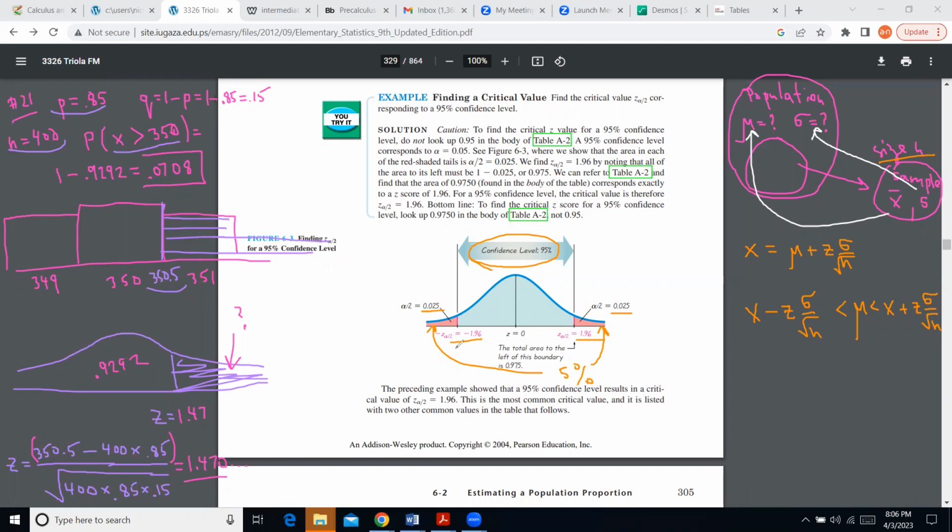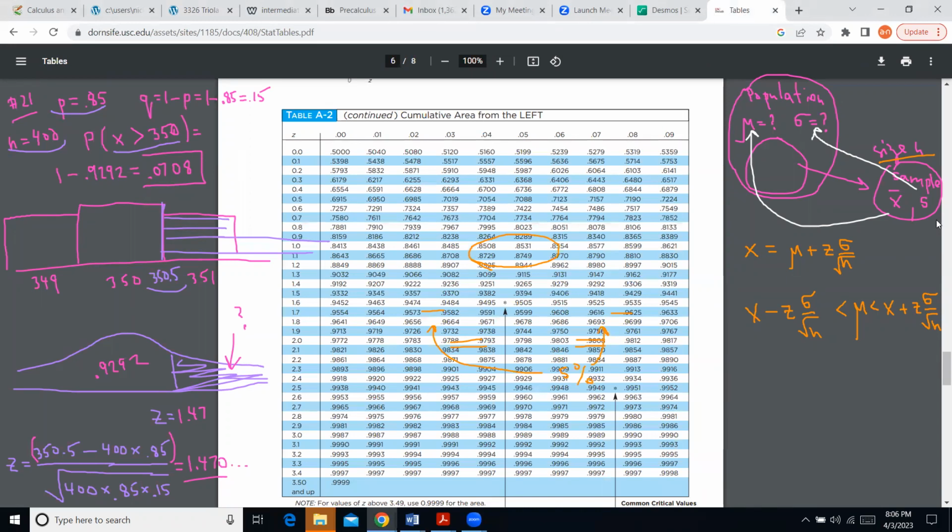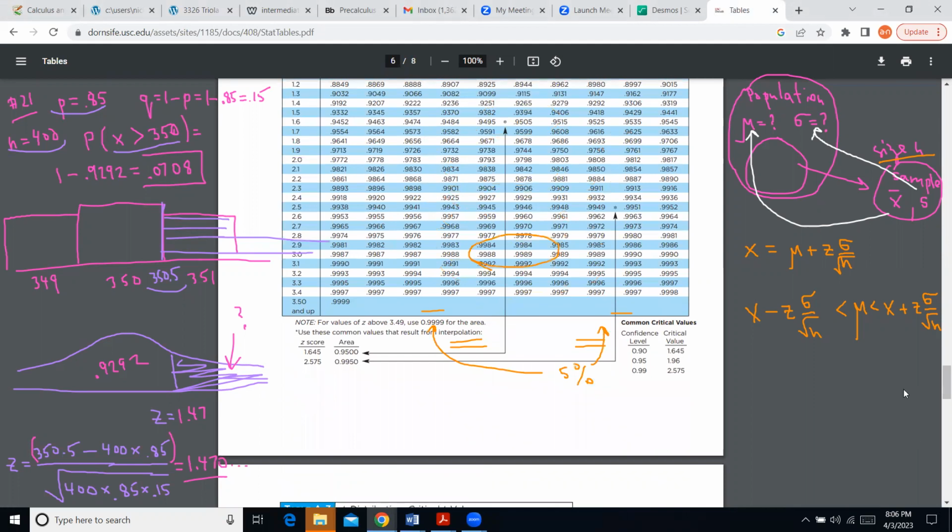And using the fact that it's 0.025, they come up with these two z-scores, which you can actually check on the table, and they have those z-scores here on the bottom that says if you have the 95% level of confidence, or 0.95, then the z-score is going to be 1.96.